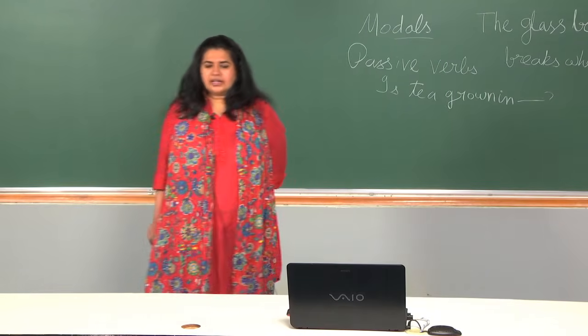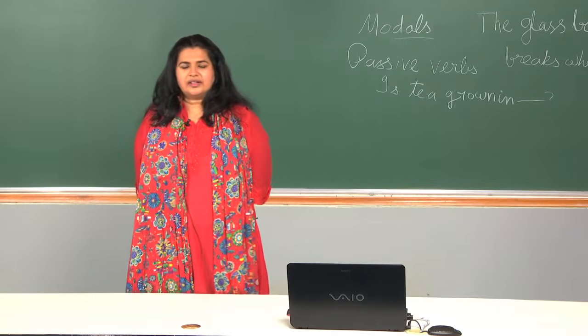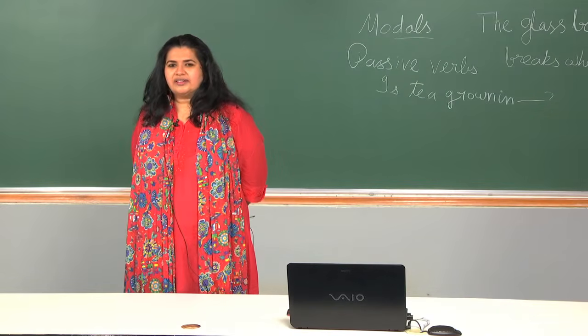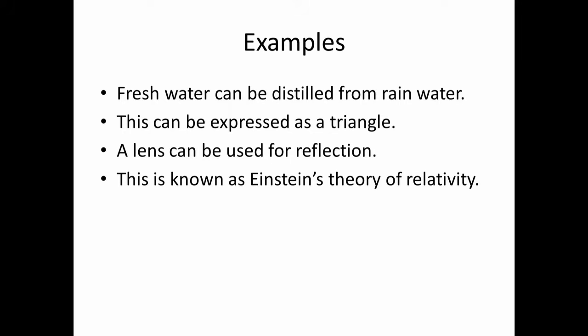Before we move on to do another exercise, let us look at these examples. Fresh water can be distilled from rainwater. This can be expressed as a triangle, whatever area that the person has in mind.